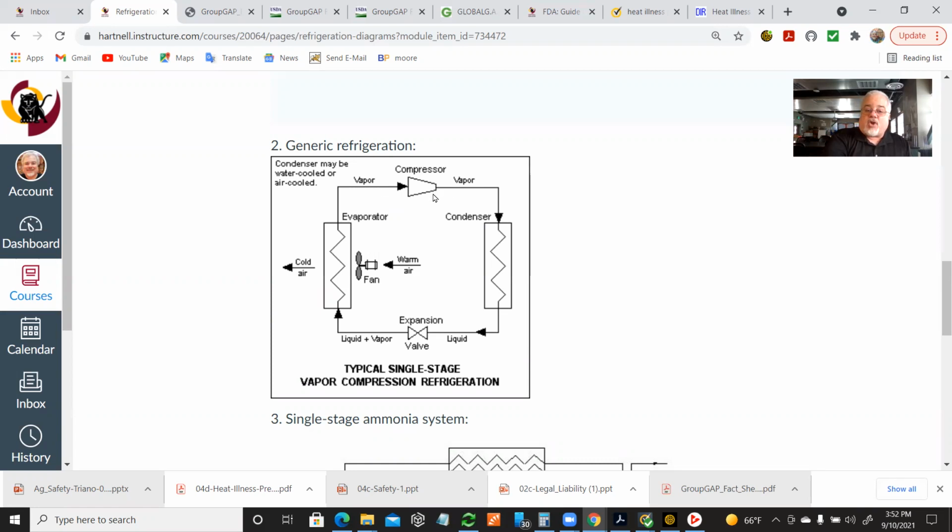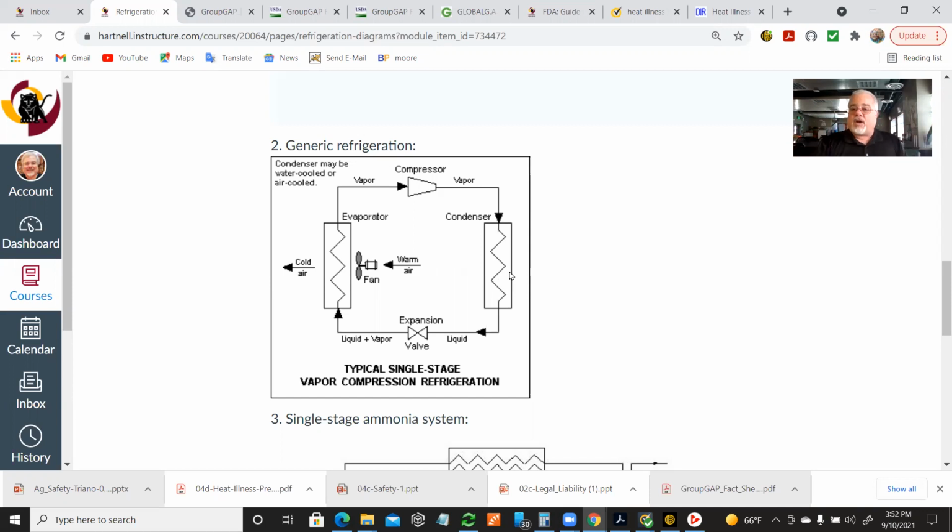And so now you compress it again. And what was cold vapor is now hot vapor. And it starts to condense in some cases pretty quickly. So it might be condensing here. You might have a little vapor plus liquid right away, but certainly by the time you're giving off heat in the condenser, it's turning back to a liquid.